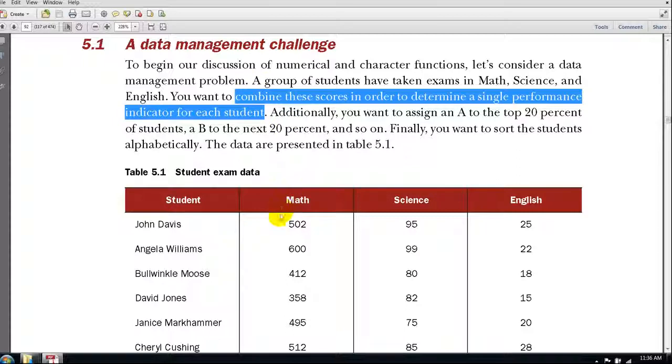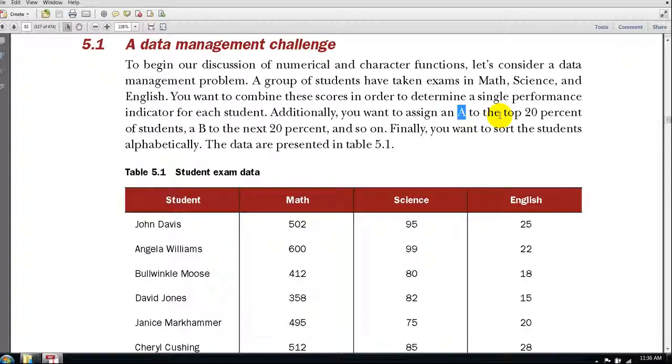So he wants to combine these three scores together, and he wants to assign an A to the top 20% of the students. So it's not really based on the grade that they got, but just on how well they performed relative to the other students, and then a B on the next 20%, and so on. And finally, you want to sort the students alphabetically.